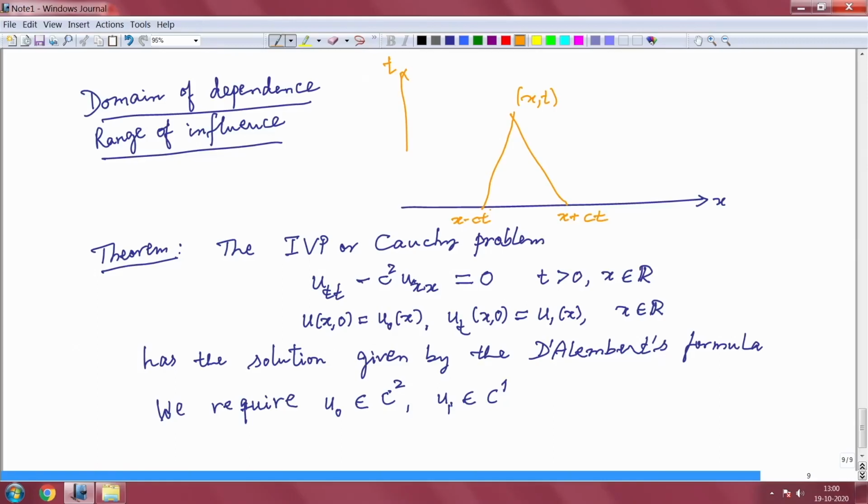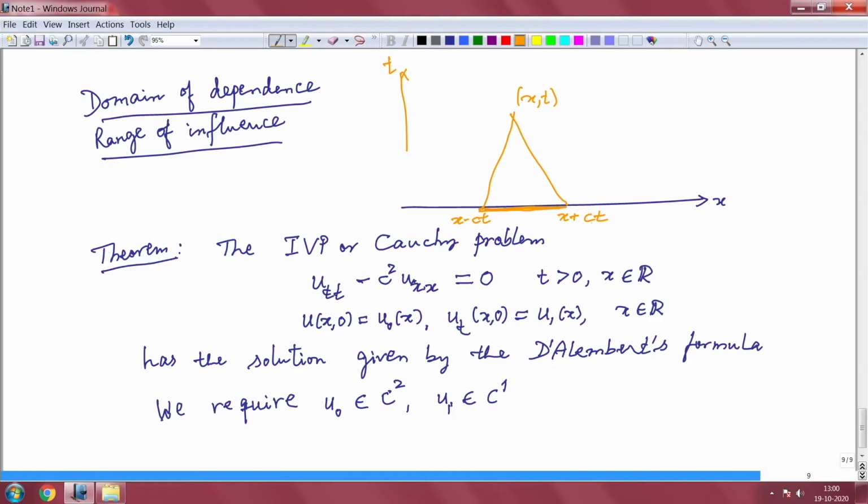Okay. So, D'Alembert's formula tells us that the value of the solution at the point (x, t), t positive, depends only on the values of the initial values in this interval, only in this interval, that is important. Nothing else.